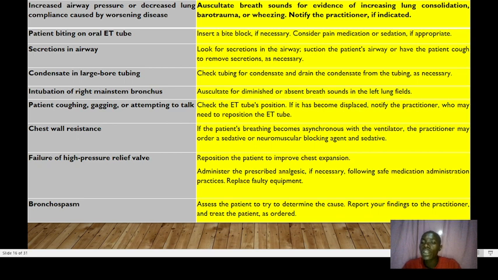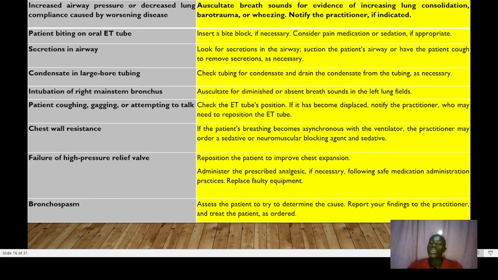Patient coughing or gagging or attempting to talk could also be another cause for high alarm. So you have to get closer and see if the patient is attempting to do so. So you check the endotracheal tube position. If it has been displaced, you notify the physician who may need to reposition it. Another cause could be chest wall resistance, failure of high pressure relief valve, or bronchospasm.